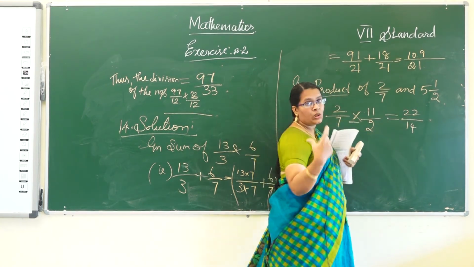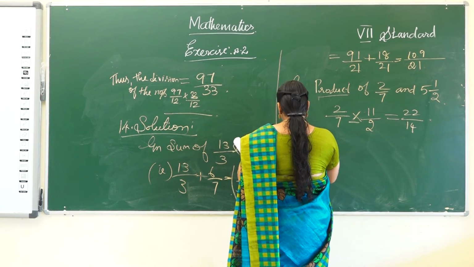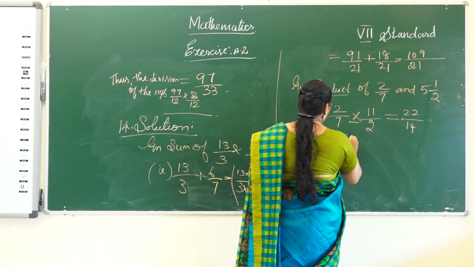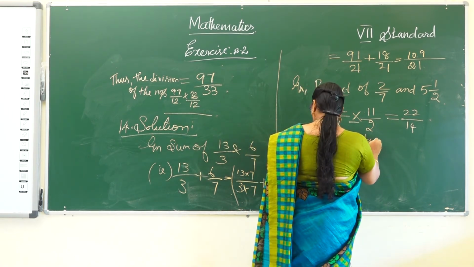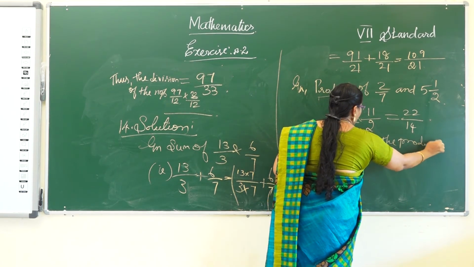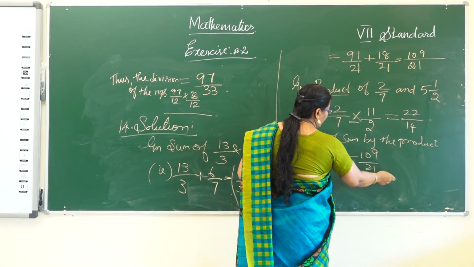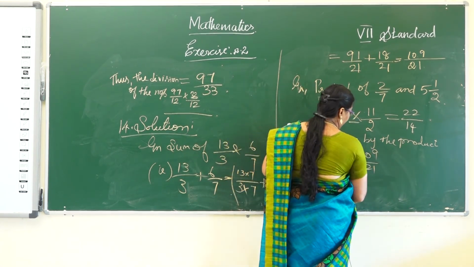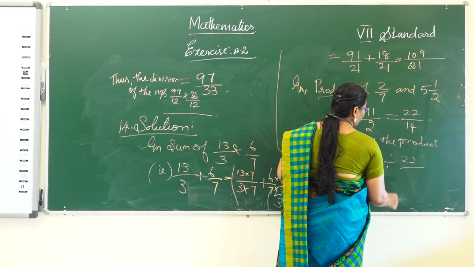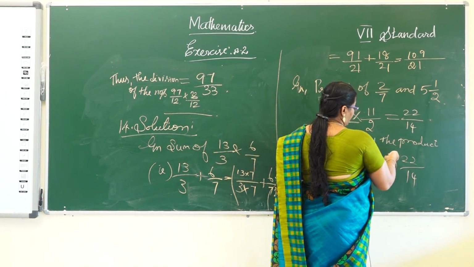Okay, so the division of the sum by the product is equal to the sum value 109 by 21 divided by 22 by 14. You can write it like this, this is also correct. Okay, so what is the division of fractions?